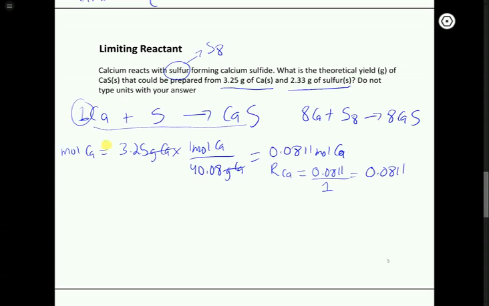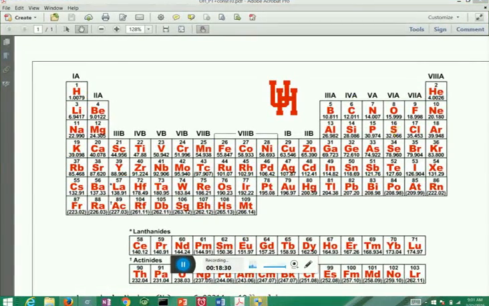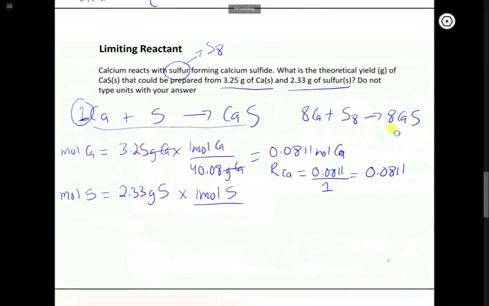And then we do the same thing for sulfur, for the other reactant that we're given. So we have 2.33 grams of sulfur. Assuming just sulfur by itself, S, we just use the atomic mass of sulfur, which is 32.07. So 1 mole of sulfur has a mass of 32.07 grams.